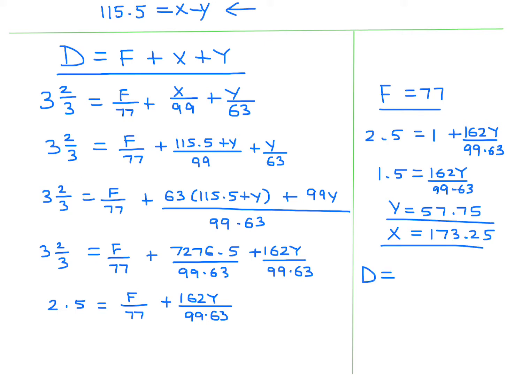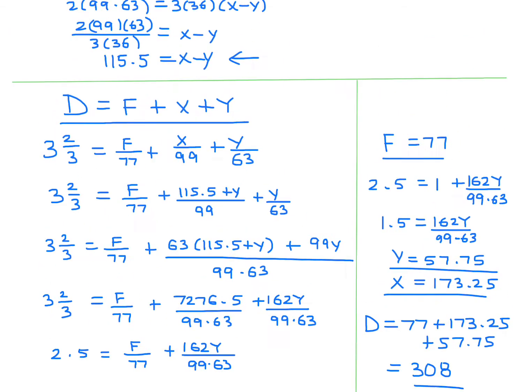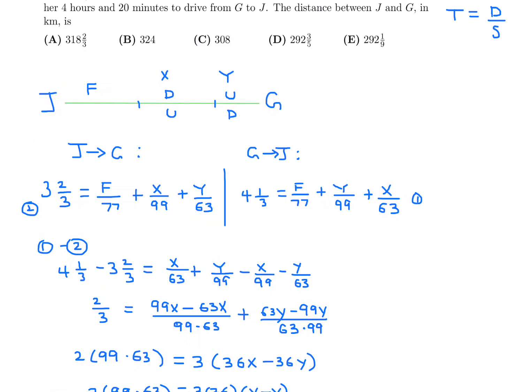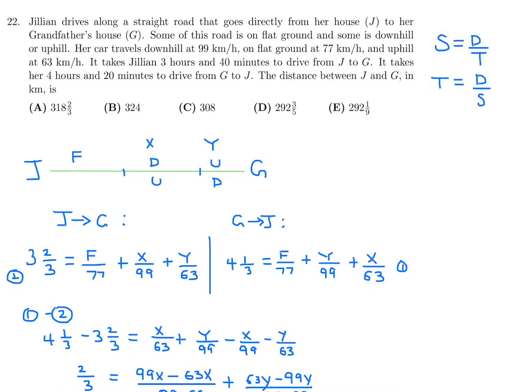And therefore d is equal to 77 plus 173.25 plus 57.75, and that is equal to 308. And there you go, that's the distance. So, number 22, the answer is C.